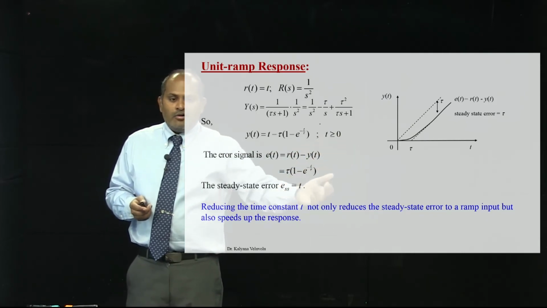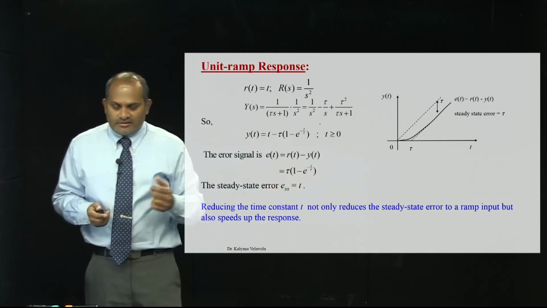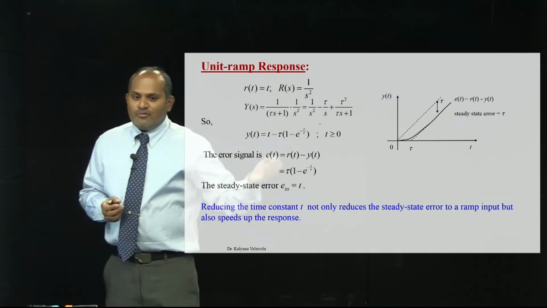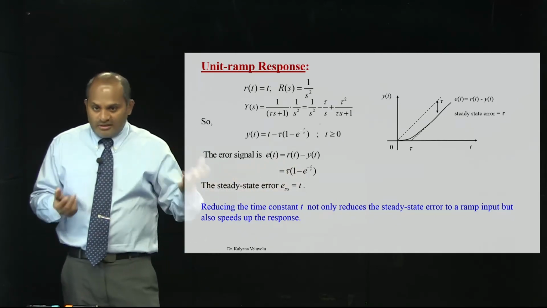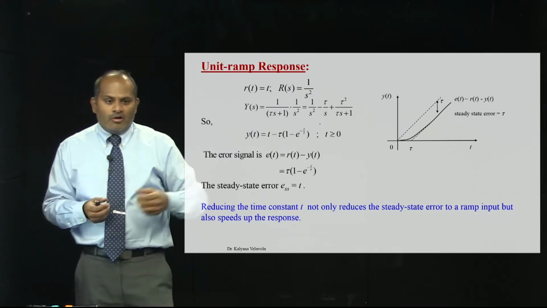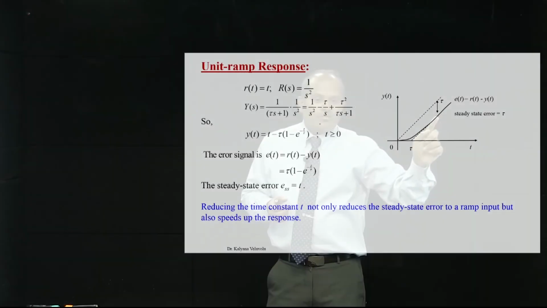So you get tau into (1 minus e power minus t by tau). This is our error signal. It tells us how good the system is. When the time constant changes, the error signal changes. Different systems will have different time constants. Now, if you look at the diagram here, the dotted line is the reference r of t, and the solid line gives you the output.